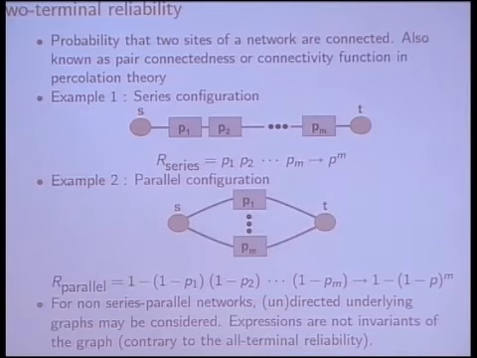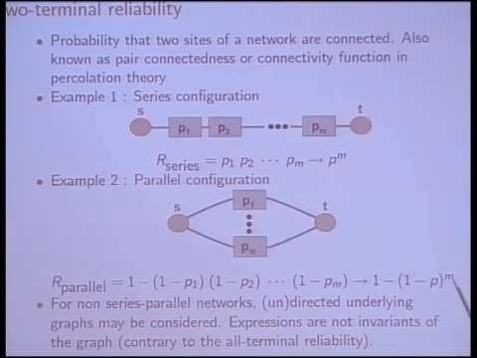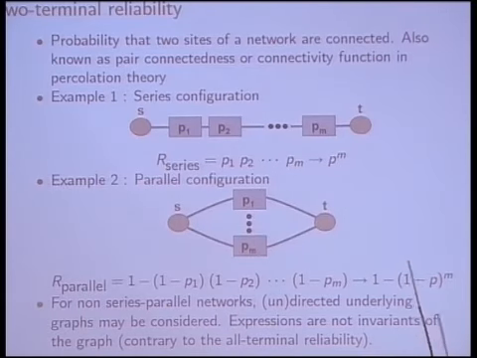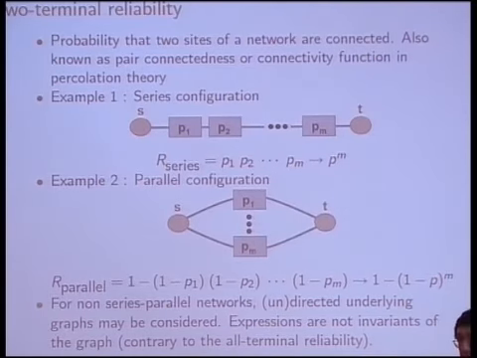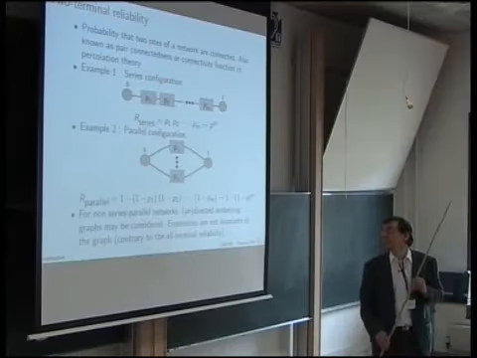So the two-terminal parallel reliability will be 1 minus the product of (1 minus p sub i), i going from 1 to m. And of course, if you want to keep to a univariate problem, you can replace all these values by a single variable p, and you have a single-variate reliability polynomial.